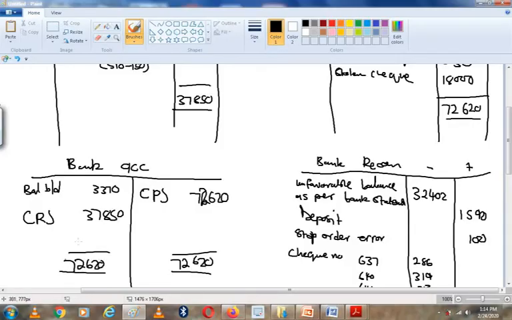And then you find the difference of the smaller side. So 72,620 minus 37,850, you get 34,770. That's your balance carried down. As you can see, it's unfavorable there because it's on the debit side.